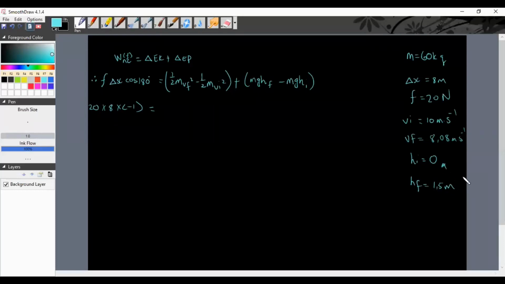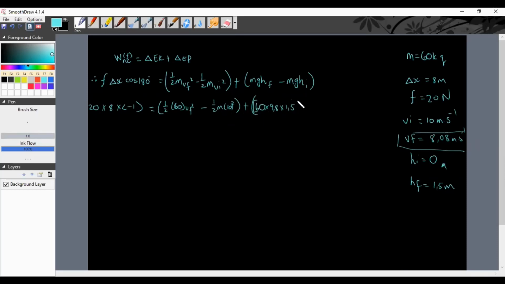And yes, so I'm just showing you guys basically how to get to this answer using this method. So again, half of 60 times VF squared, which is what I'm looking for, minus half m times 10 squared, brackets, plus mgh, which is 60 times 9.8 times 1.5.